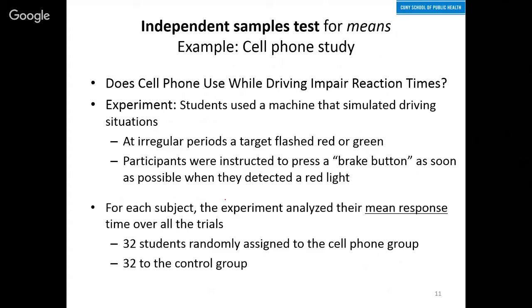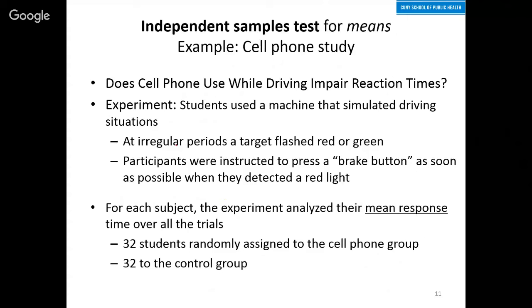So let's compare the two in the cell phone study, where the question was, does cell phone use while driving impair reaction times? And in this, this is an experiment where you have your participants use a machine that simulates driving situations, and then you flash a red or green light, and you have to press a brake button as soon as you see it, and your reaction time is measured.